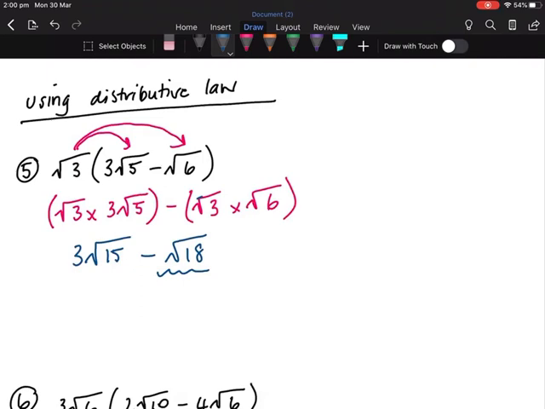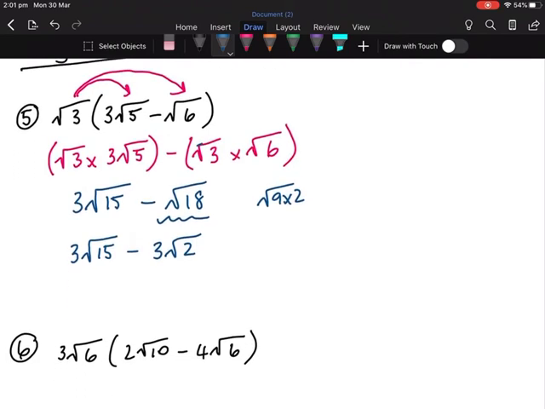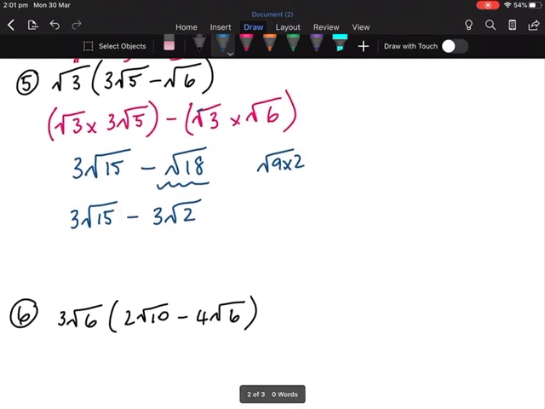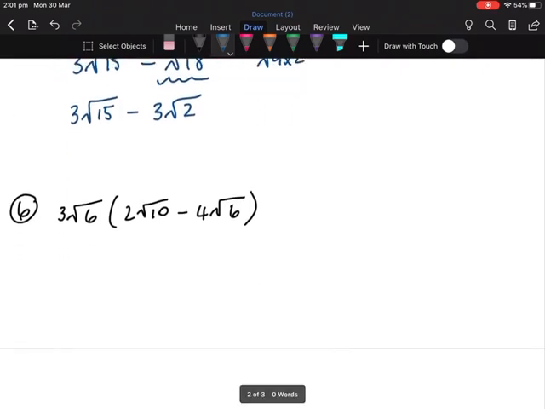So we look for a square factor. 2 times 9 is 18, so we can write this as 3 times the square root of 15 minus, if I change this into 9 times 2, the square root of 9 is 3, so 3 times the square root of 2. And that is our answer. We can't simplify that any further because this one is the square root of 15 and this one's the square root of 2, so they're not like terms, so I can't simplify that any further.